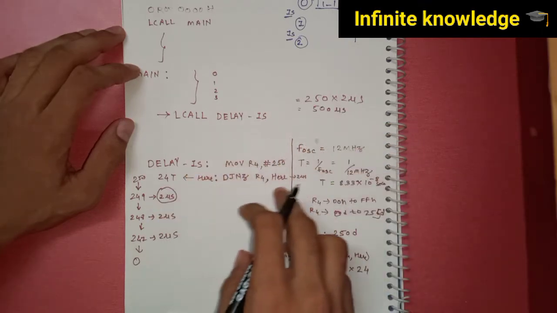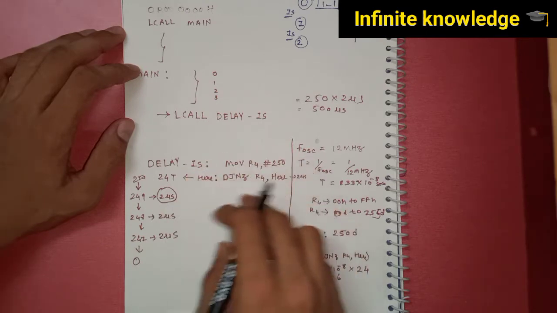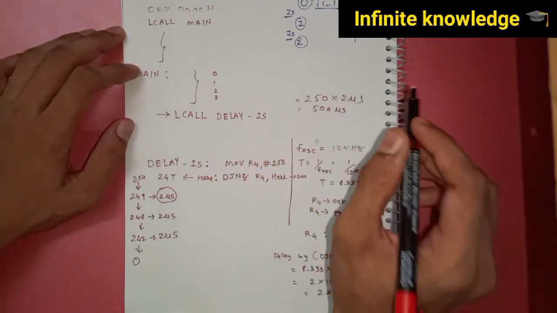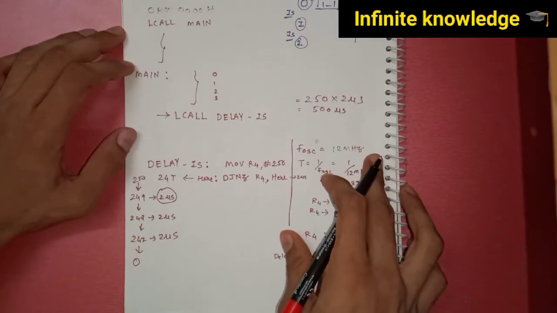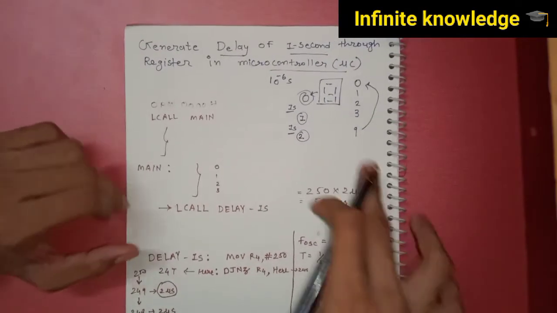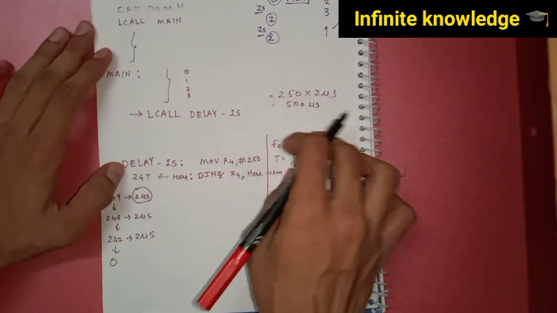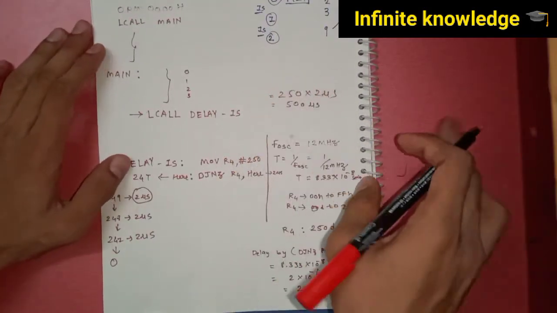If these 2 instructions execute 250 times, we get 500 microsecond delay. Now we want to get a 1 second delay, and so far we get only 500 microsecond delay.